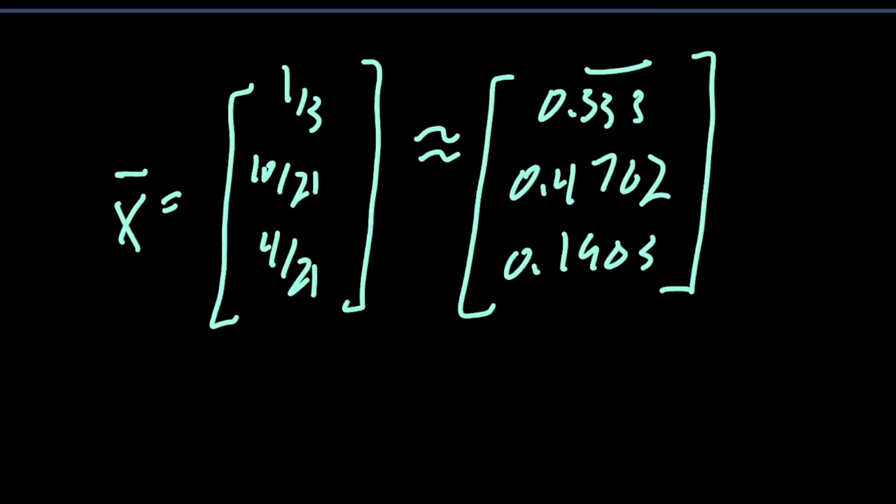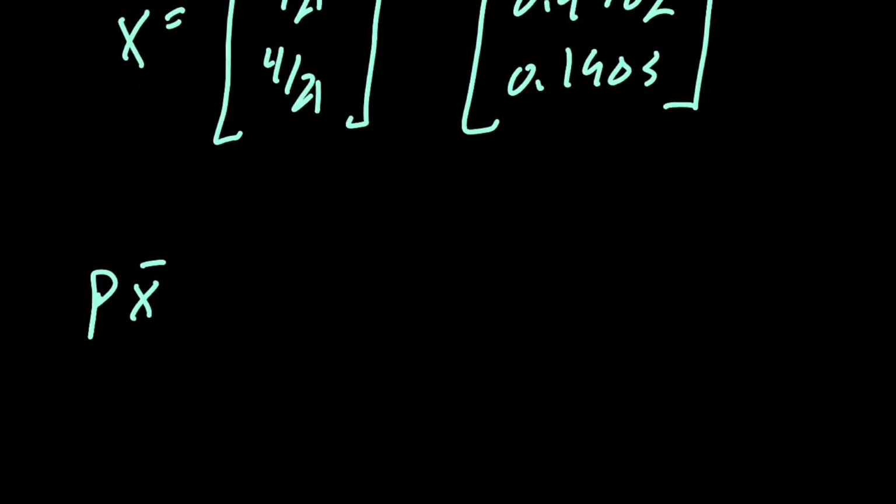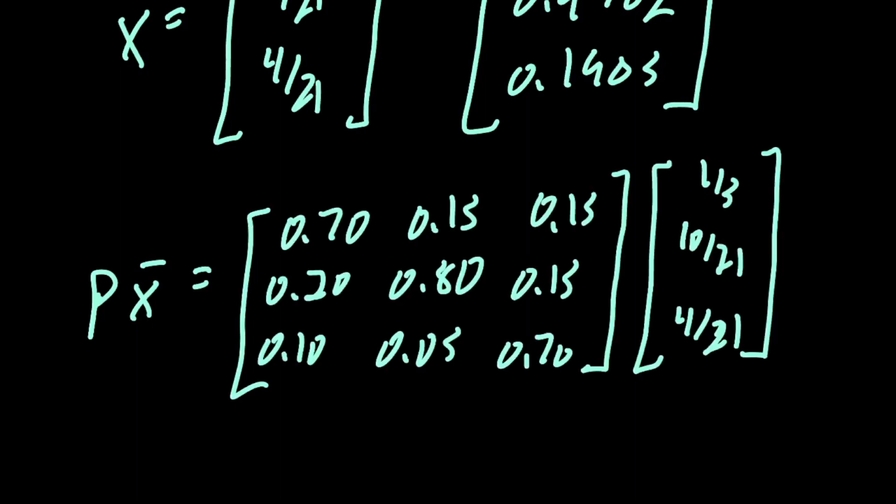And if we were to multiply the steady state matrix by the P matrix, what does that result in exactly? Well, it's gonna look like this. Go ahead and plug these values into your calculator and let me know what you get.